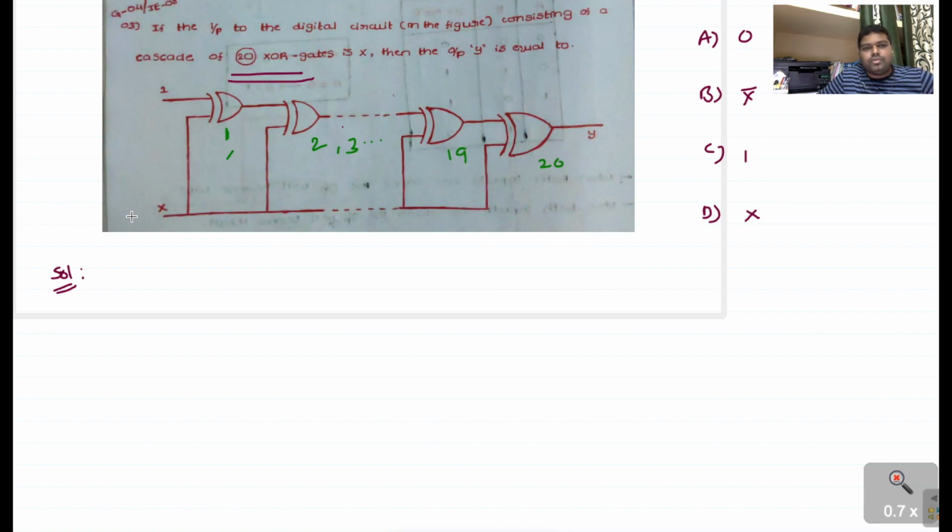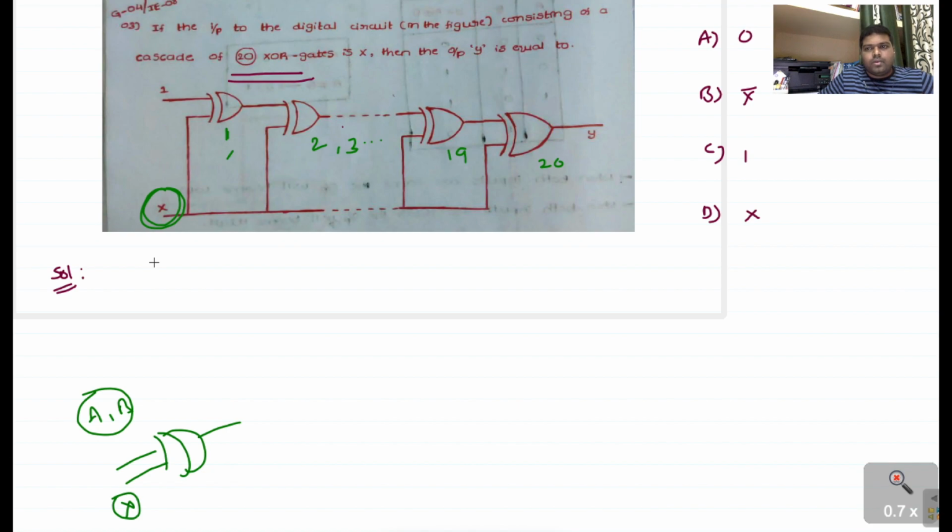These all inputs are connected to X. That means we have two inputs, right? If you take any XOR gate, we have two variables, A and B. Out of these two inputs, one variable is fixed, that is X, for all 20 XOR gates.